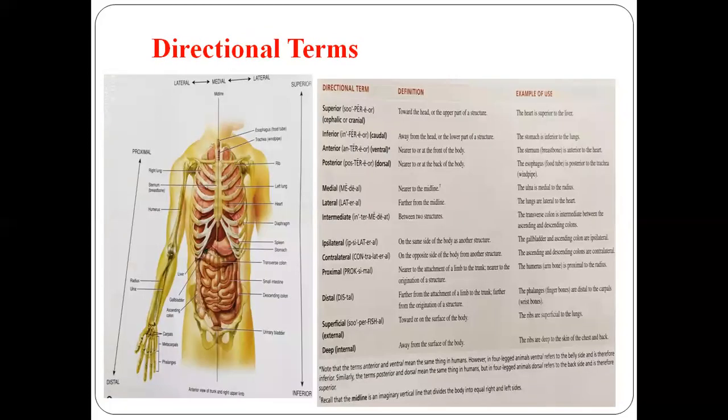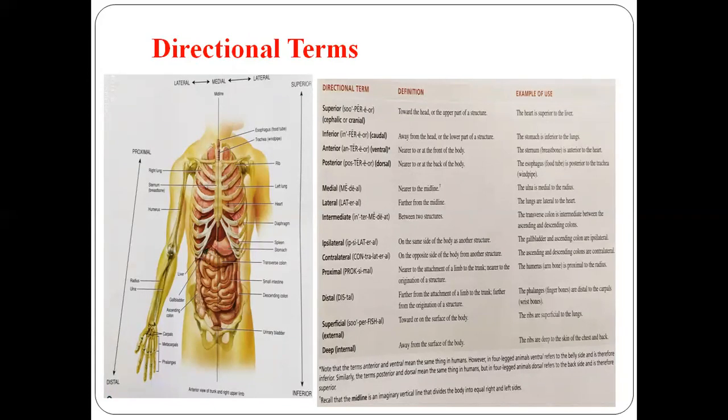Moving on, we'll be discussing the directional terms. As we can see in the picture, directional terms are used to locate various body structures. These are words that describe the position of one body part relative to another.